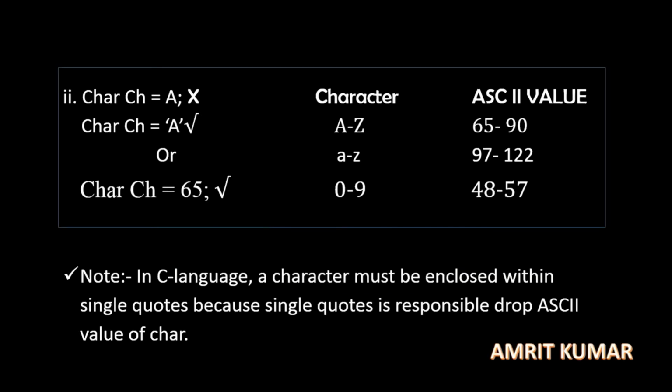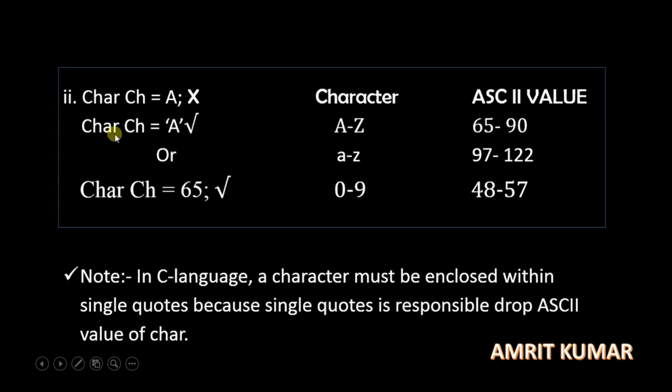So, moving on to the next data type, that is char. Okay. So read about this char property. If I say char ch is equal to capital A, this is wrong. This is not the way to represent a character. We have learned about the character constant in the previous video: it is a notation enclosed within single quotes.